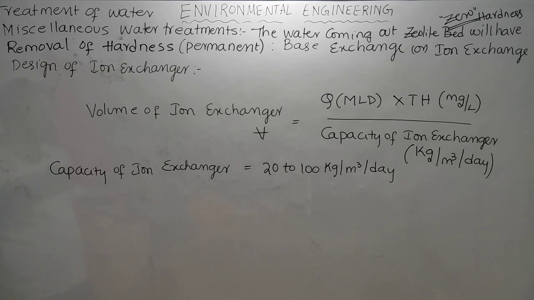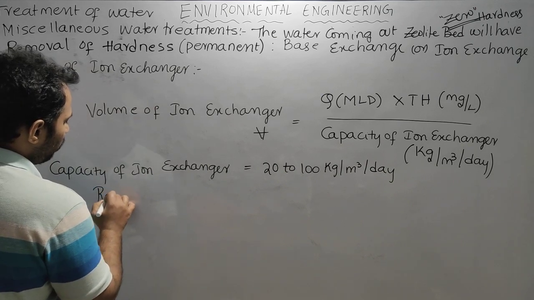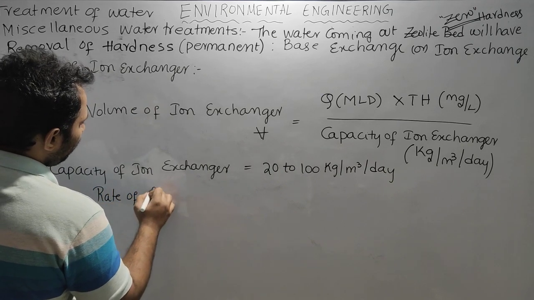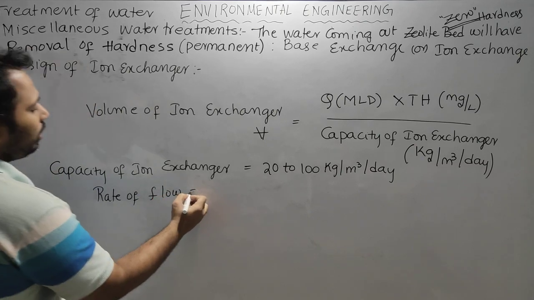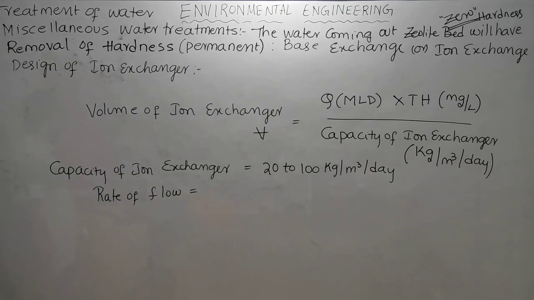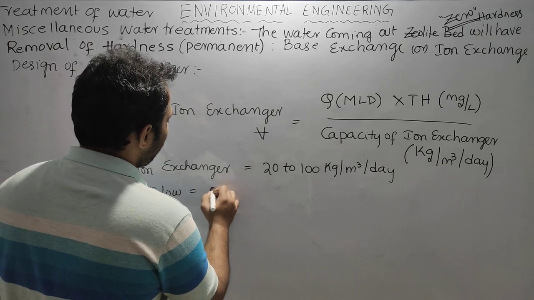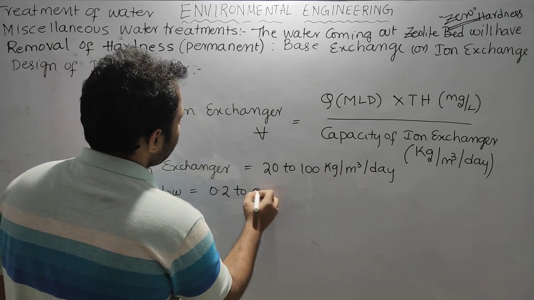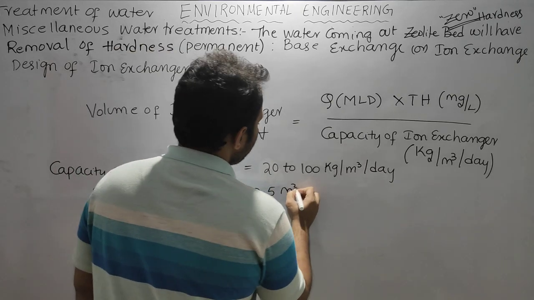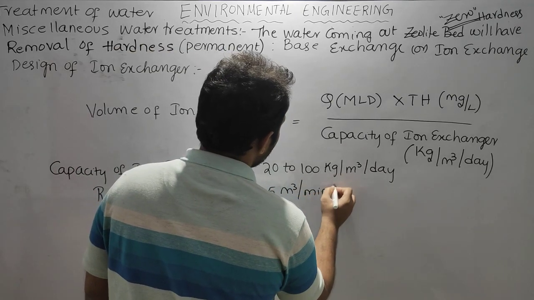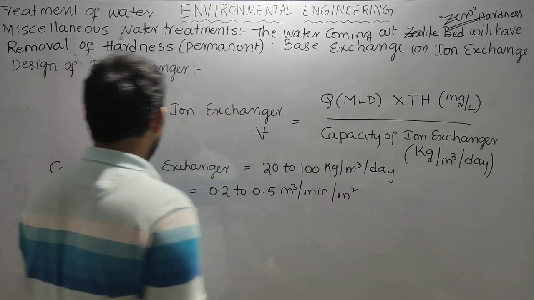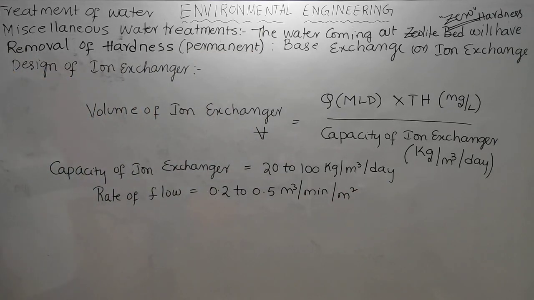And the rate of flow is generally kept in between 0.2 to 0.5 meter cube per minute per meter square. This is the rate of flow generally we maintain in the ion exchanger.